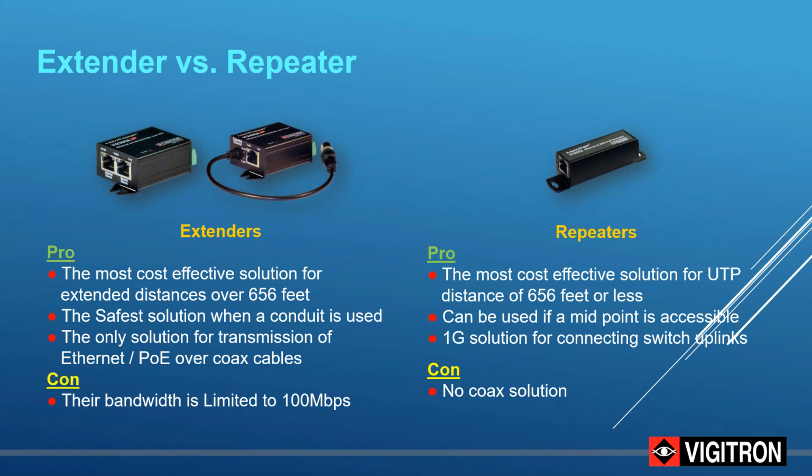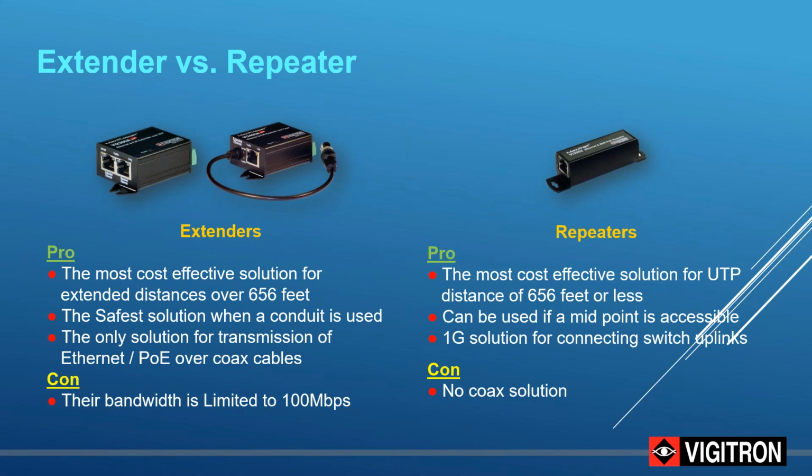So this is a summary of the differences between extenders and repeaters. Extenders are the most cost-effective solution for extended distances over 656 feet. They're the safest solution when conduit is used. They're the only solution for the transmission of single pair and coax cables.